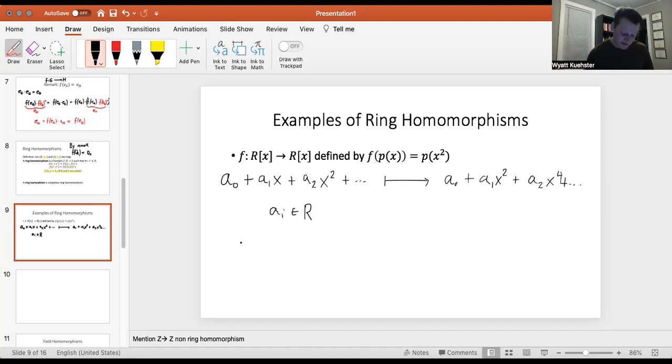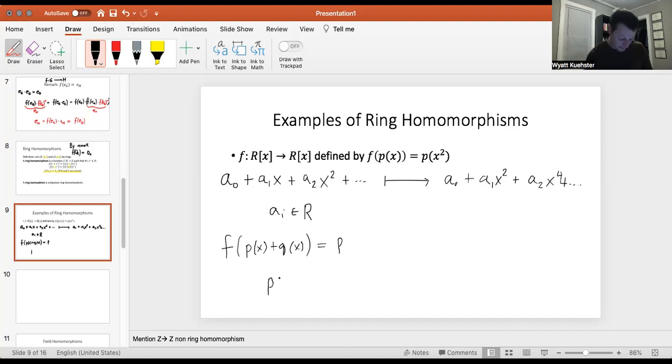Okay, so let's check that it's an abelian group homomorphism under addition. So I can add polynomials and I can multiply them together. That's the ring structure. So f of p of x plus q of x equals, let's be a little bit cavalier about it.